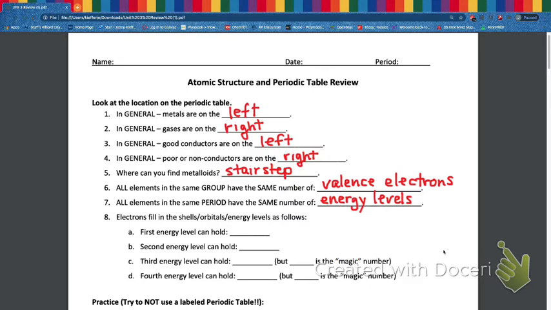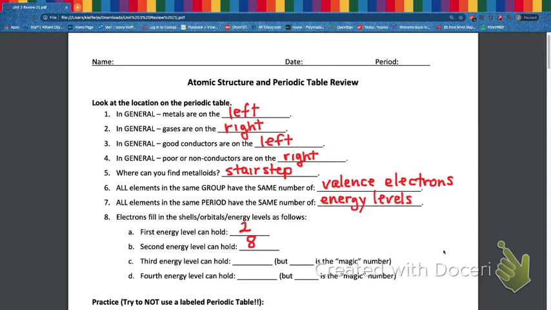So remember, in our Bohr-Rutherford diagram, it shows the whole atom. It shows the nucleus, it shows the protons and neutrons, it shows all the electrons. And so our first energy level can hold a maximum of 2 electrons. The second energy level can hold 8.